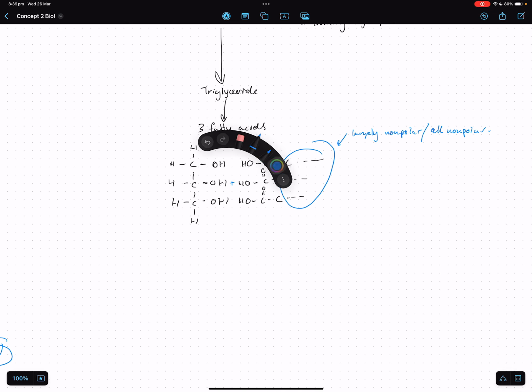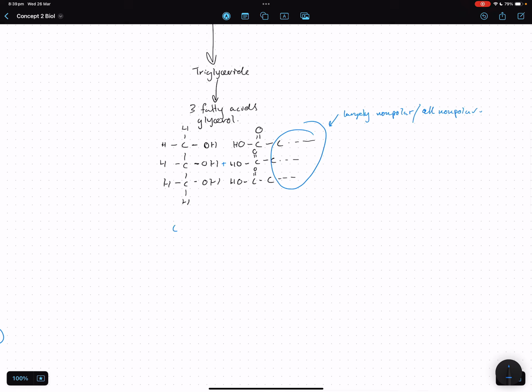So when we join these molecules together, we get this triglyceride. I'll omit the hydrogens because it's easier. But it forms this ester bond here, and the carbons just go on: O, C, and onwards, and C, and onwards.